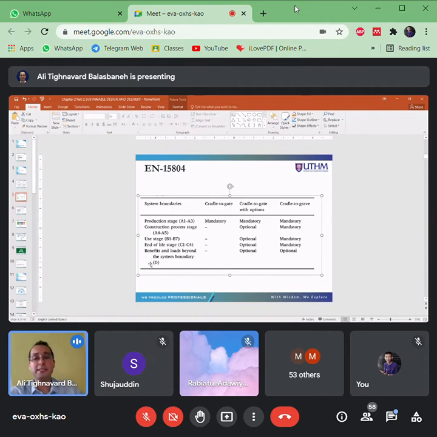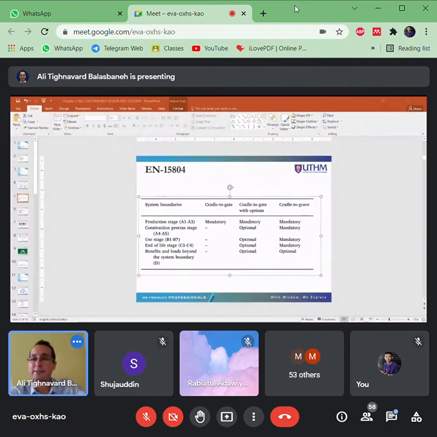Can you tell me what the benefit and load is? You can guess, think and guess what that is. Why do we have such a stage in the construction? Can anyone tell me what that benefit and load is in the construction?